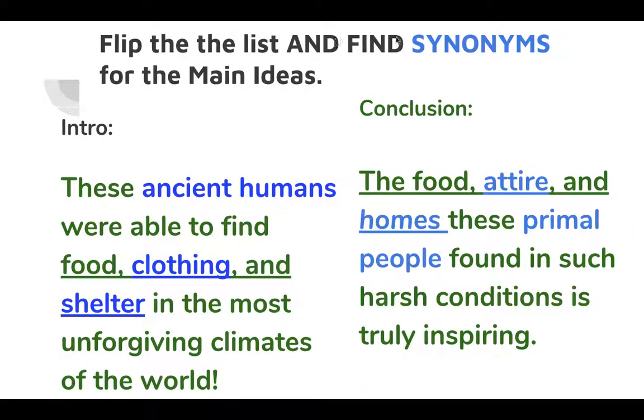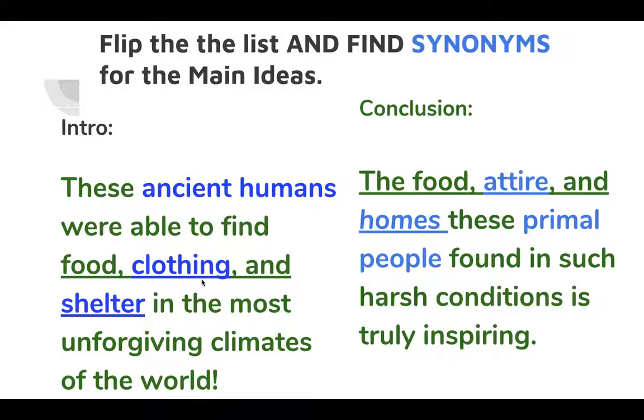Flipping the list and finding synonyms for the main idea. So now read my introduction and conclusion to yourself. In fact, go ahead and put it on pause and read it. Now, what you're going to notice is, instead of ancient humans, in my conclusion, I said primal people. So I took about 3 keywords, and that's a good amount to find, 3.